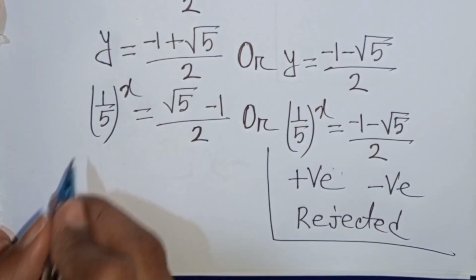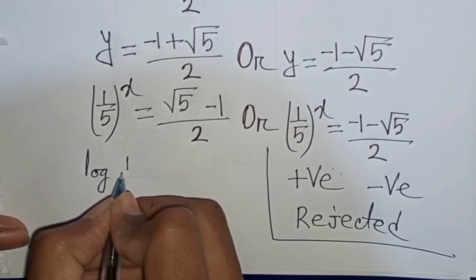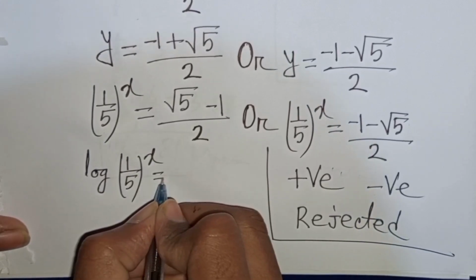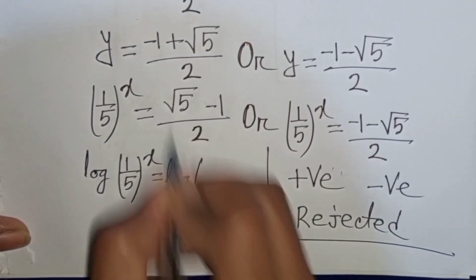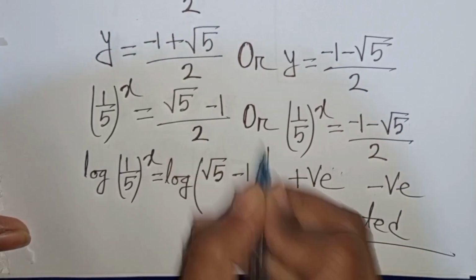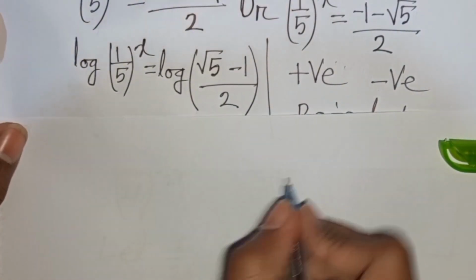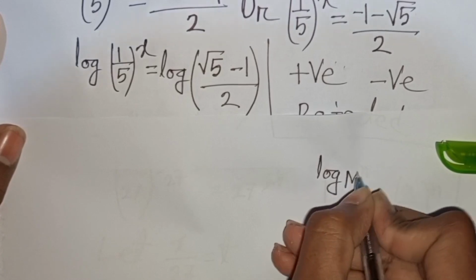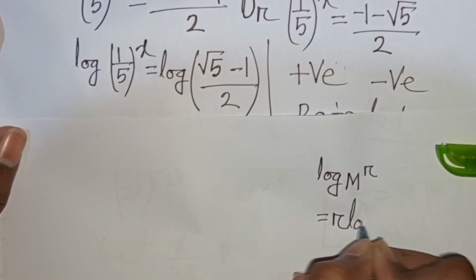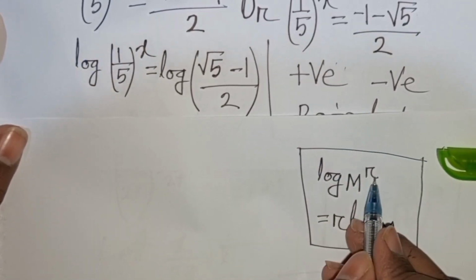Now from here we apply log on both sides. So you can write log of (1/5)^x is equal to log of (√5 − 1)/2. Now here you can apply the rule that log m^r is equal to r log m, that means this power r moves to the front.